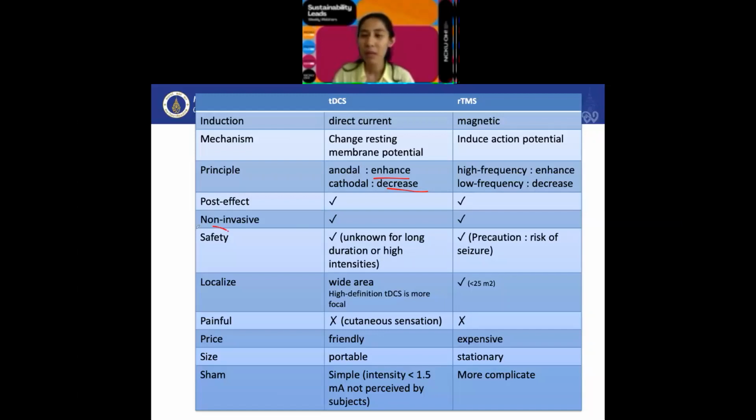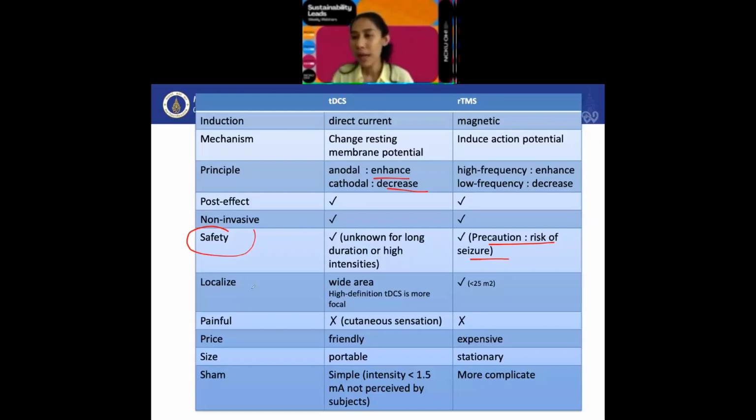But for safety, as rTMS can directly induce an action potential in the brain, there is a precaution for the risk of seizure. Even though tDCS cannot directly induce action potentials, this is also a precaution. When you include participants, you need to ask if they have a history of seizure or not.